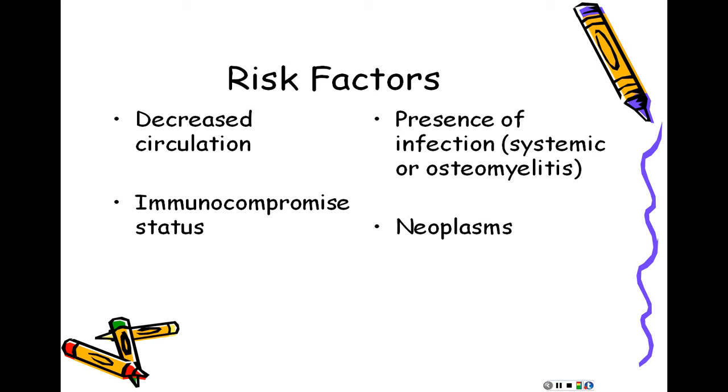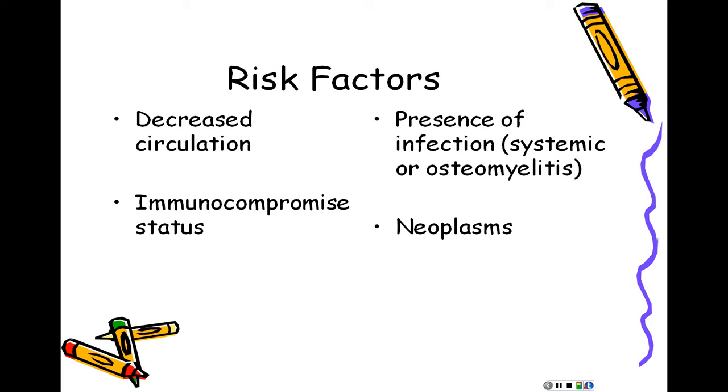The presence of infection, systemic or osteomyelitis. Whenever we see osteo, which means bone, as in osteomyelitis, we know itis means some type of inflammation, and so we have bone inflammation. The infection, again, predisposes a person to fractures.